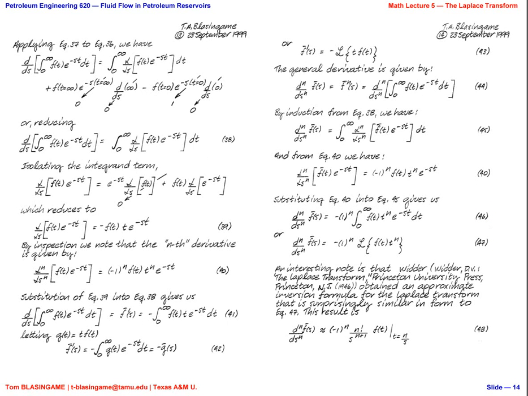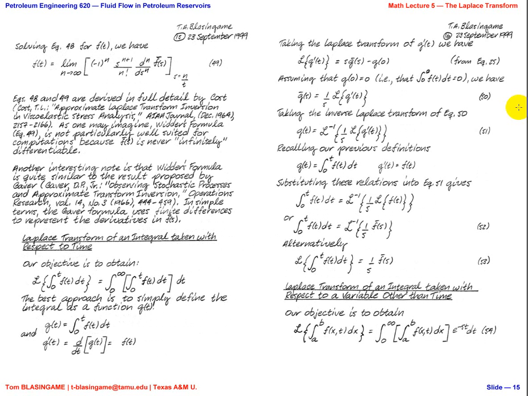And in general, the Laplace transform of f(t) times t to the n is going to be minus 1 to the n, times the n-th derivative with respect to s. It's basically the same here. Okay, what other properties do we have?